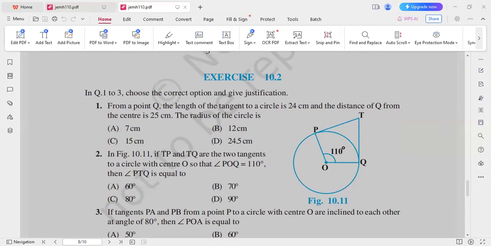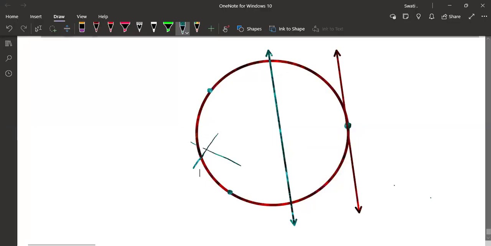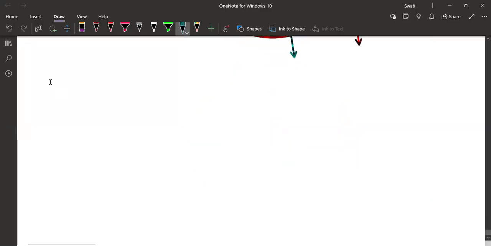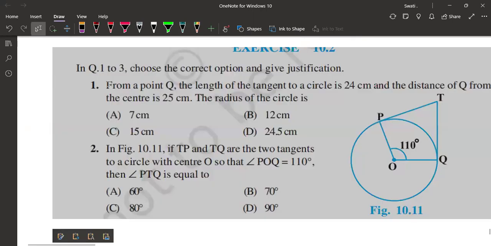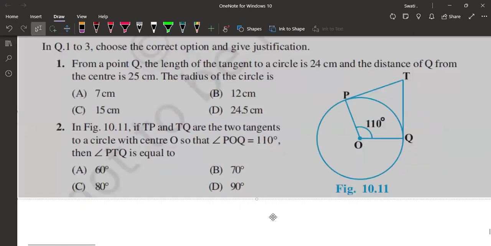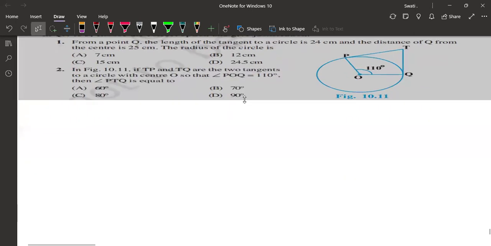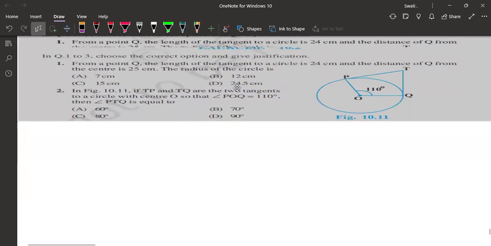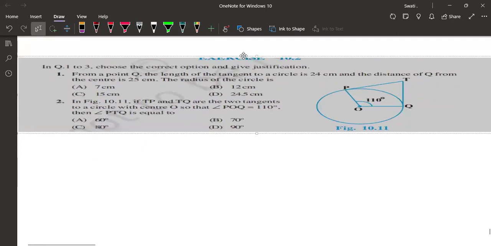Let us first draw according to the question. So Manya, this time you will help me. I think I can make it a little smaller, otherwise I'll not have the space. Okay, it's very thin now.